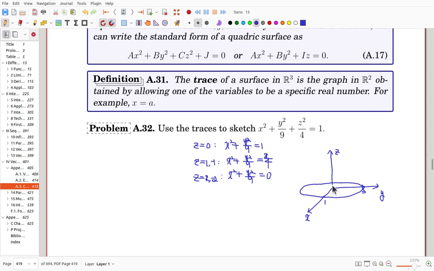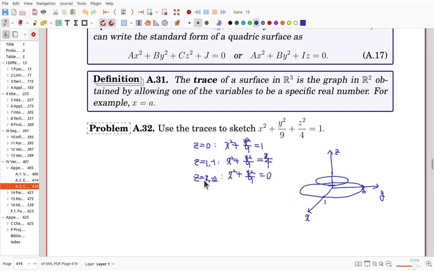Once z is moving to 1 or minus 1, then we have a similar ellipse, but now it's smaller, so we have a smaller ellipse here. And once z equals 2 or minus 2, then that means a point.